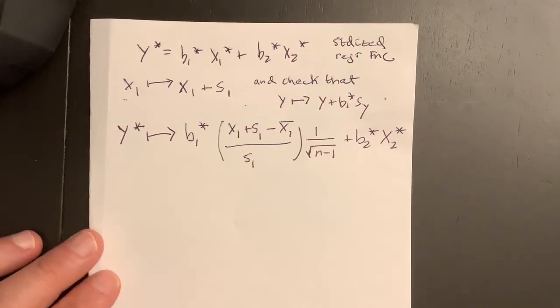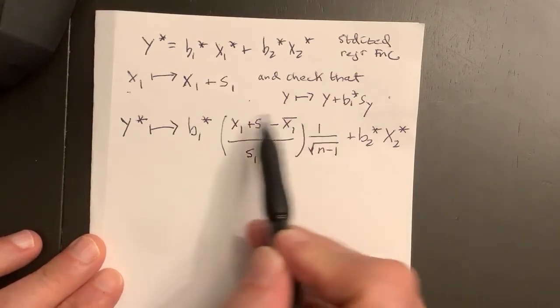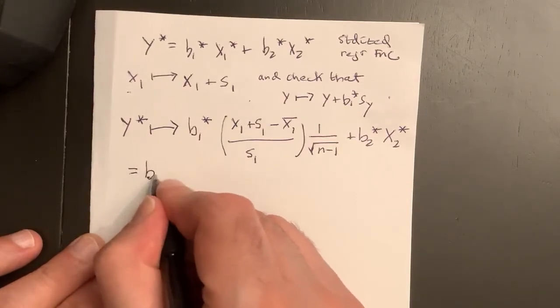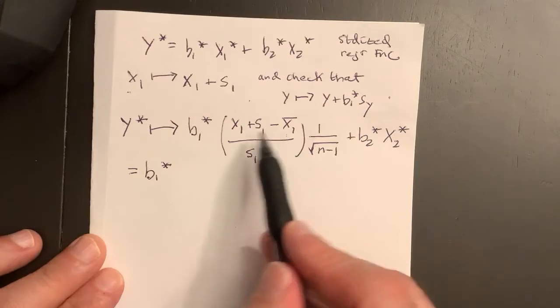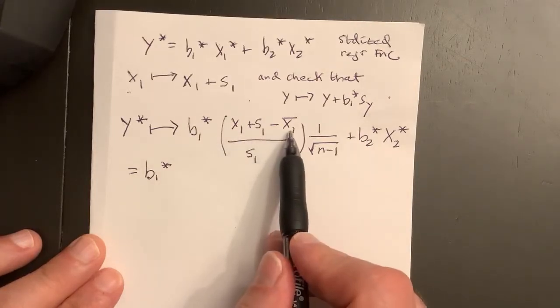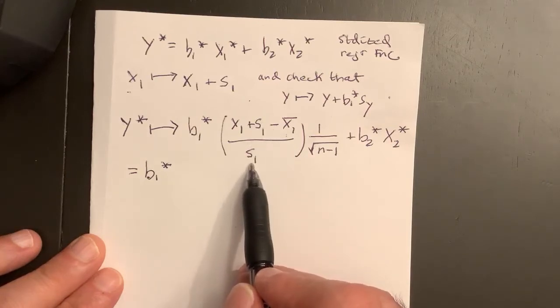Of course, if x1 increases by s1, x star is going to change, y star is going to change, and y is going to change. All right, so we do that. Now, what can I do here? I can group this. This is not supposed to be hard. So this is equal to b1 star, and I can group this a different way: x1 minus x1 bar over s1, and here I just have s1 times s1, which is 1.